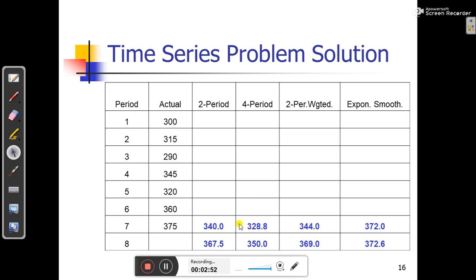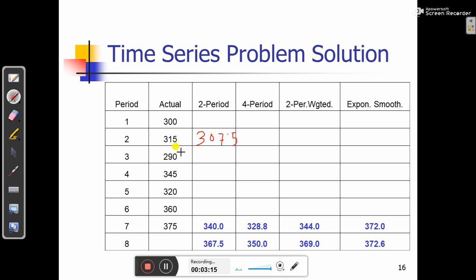So you can see here, if you calculate 300 and 315, it is almost 307.5.